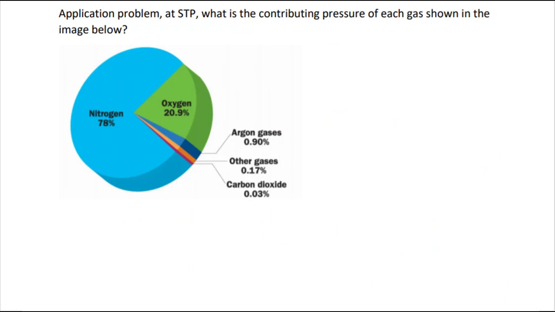And finally, another application problem. At STP, so standard temperature and pressure, what is the contributing pressure of each gas shown in the image below? Okay, so remember, standard temperature is 0 degrees Celsius. Standard pressure is 1 atm, 1 atmosphere.